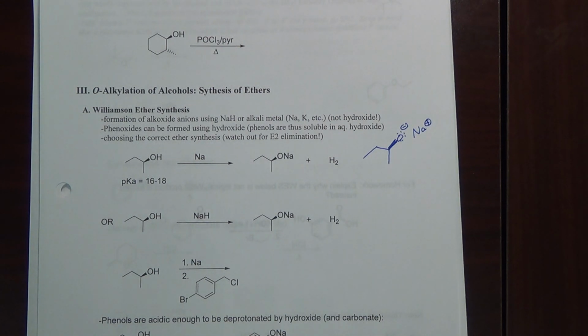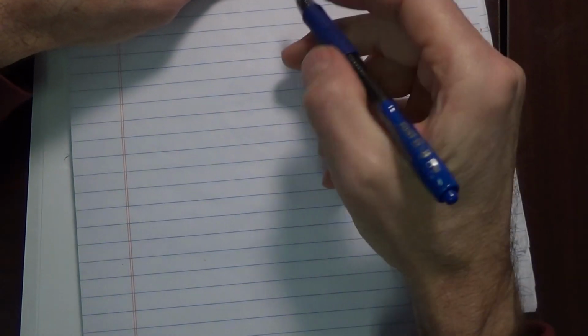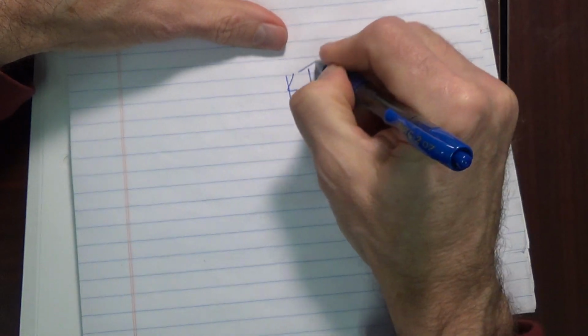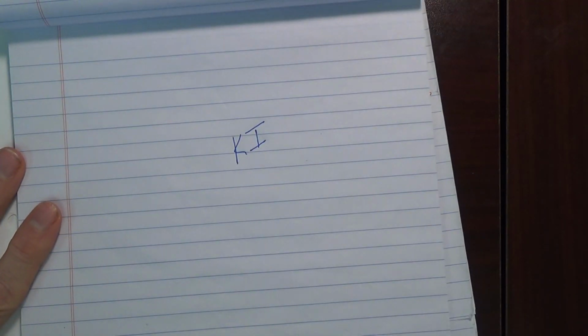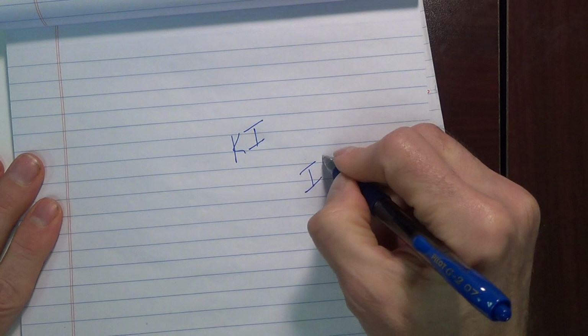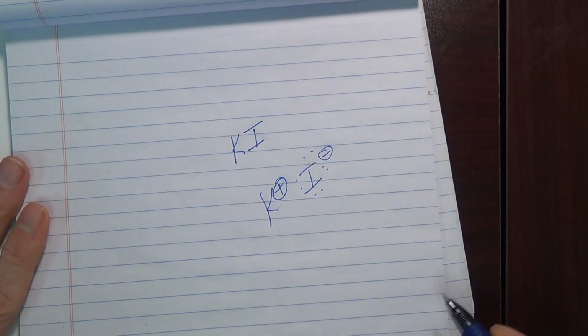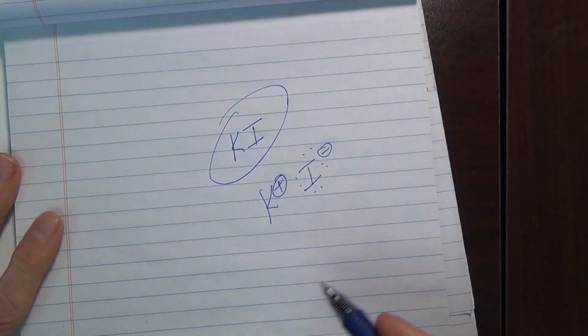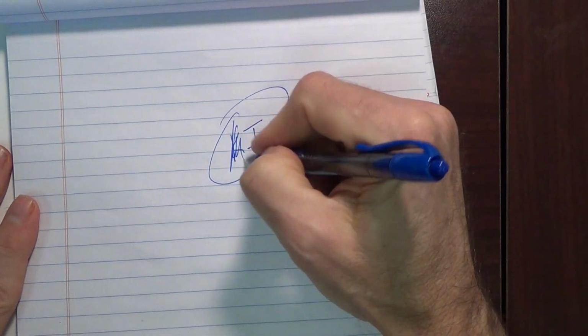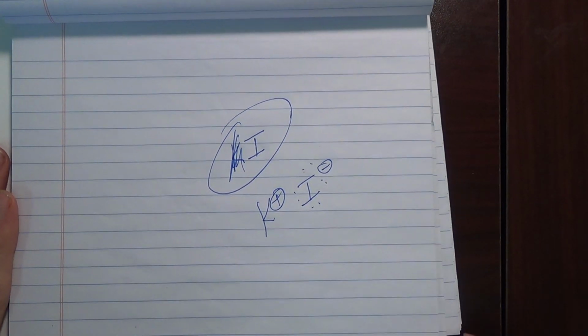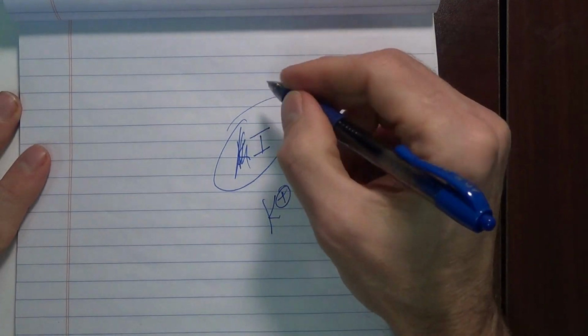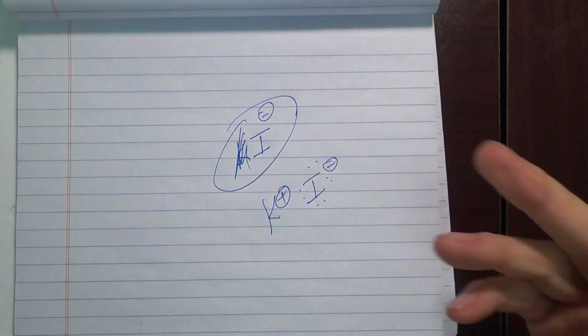You got to recognize spectator ions could be shown there. It's just like if we showed potassium iodide. You got to know that that's I minus and K plus. In organic chemistry, we never do anything with group 1, group 2 typically. And so it's just I minus.